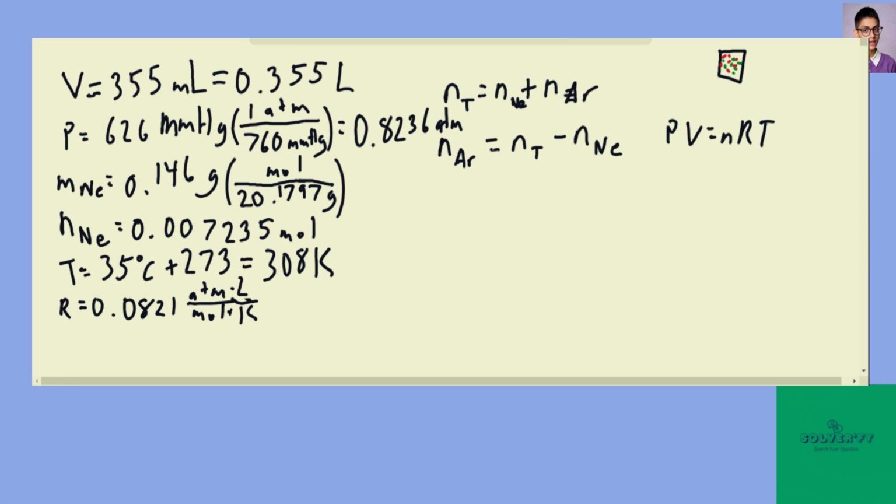So your two options are, you can calculate the total number of moles by isolating this, calculating PV over RT, or we can actually just substitute this into the equation.